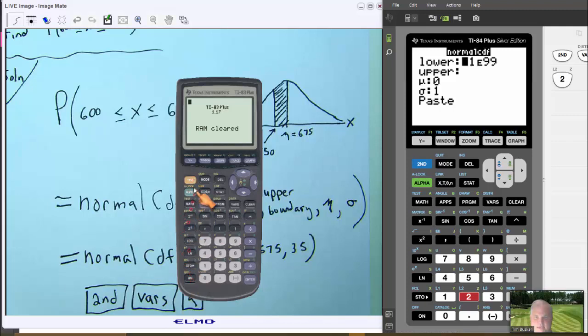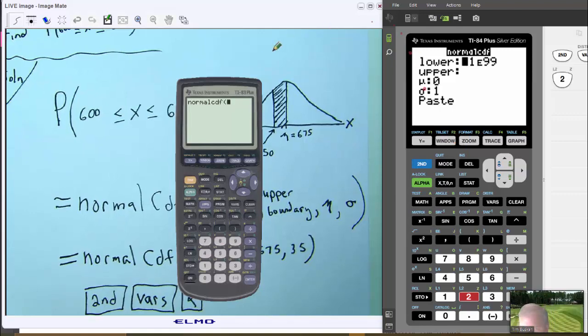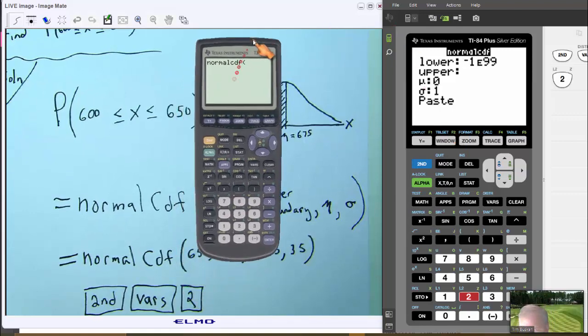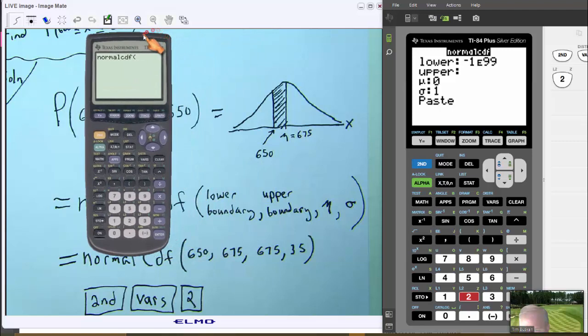You press second VARS 2, and instead of getting a settings window like this, the calculator just pastes the normal CDF command to the home screen. In both cases, the next step is to enter in the four values.